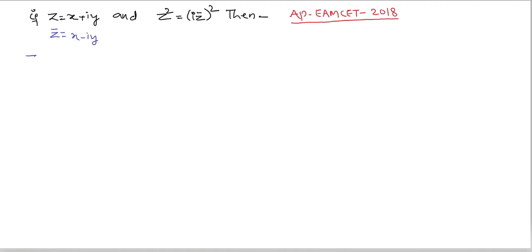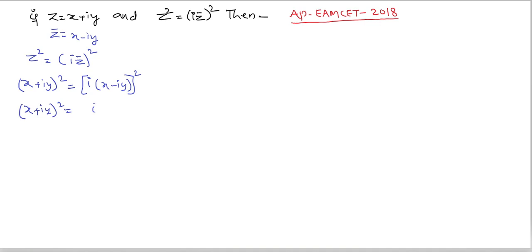Substituting these values in the given relation, z² is equal to i into (z bar)², that is (x + iy)² is equal to i into (x − iy)². So x² + i²y² + i·2xy is equal to i²x² + y² ... plus i·2xy.